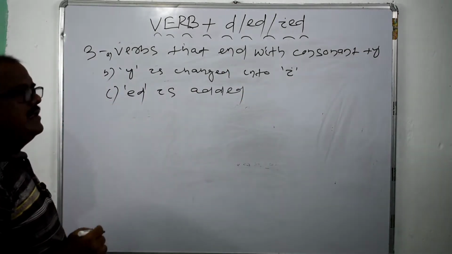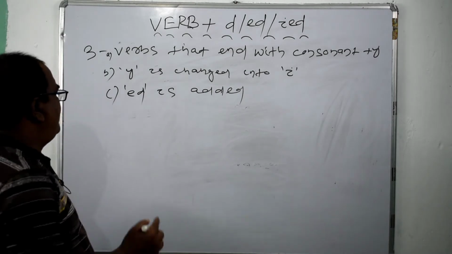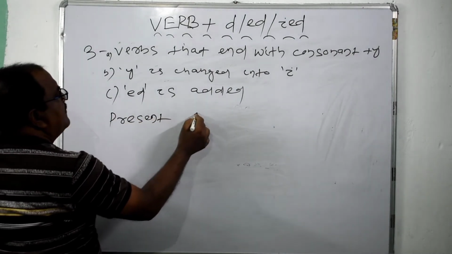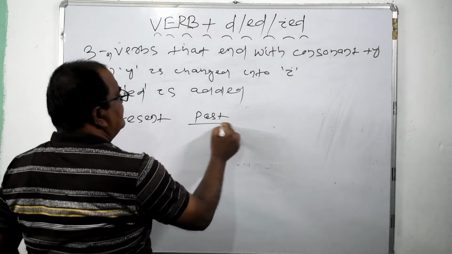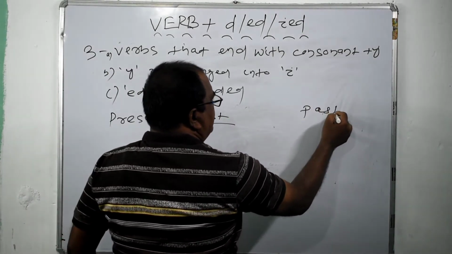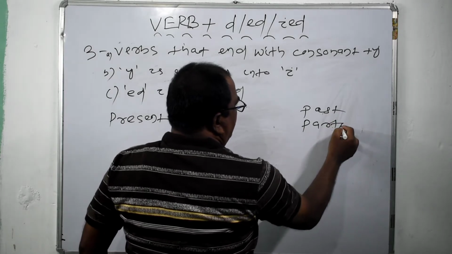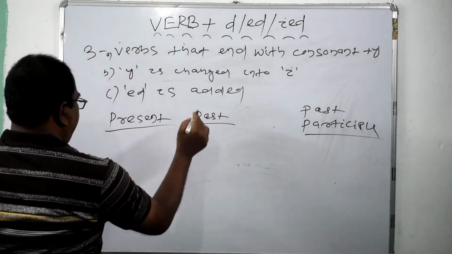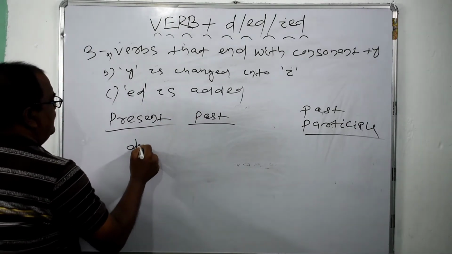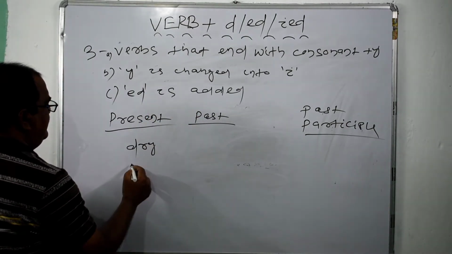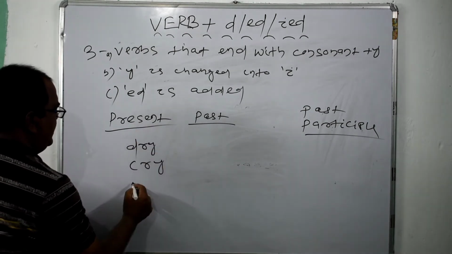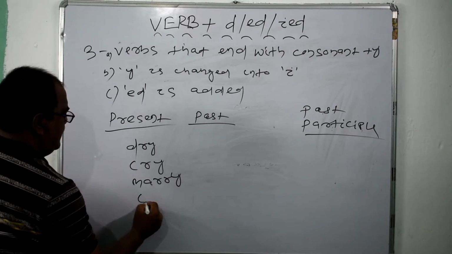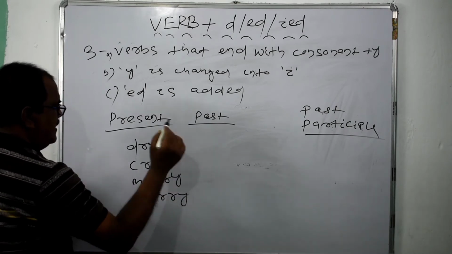We can take the examples of such verbs: present, past, past participle. Dry, cry, marry, carry.